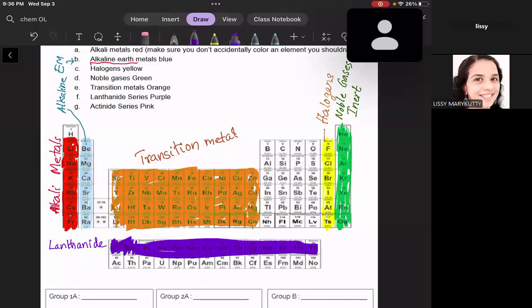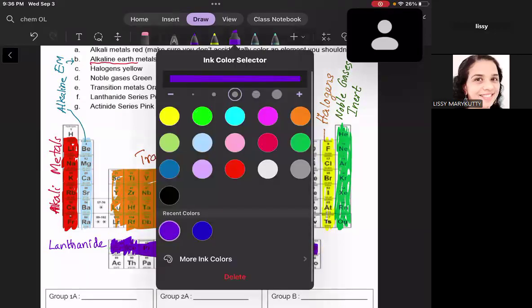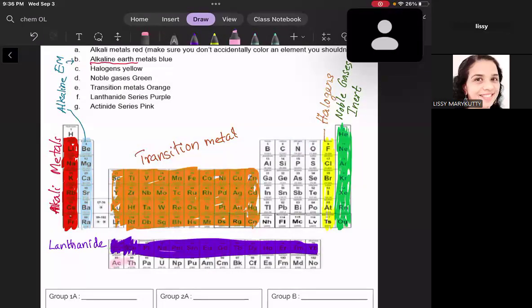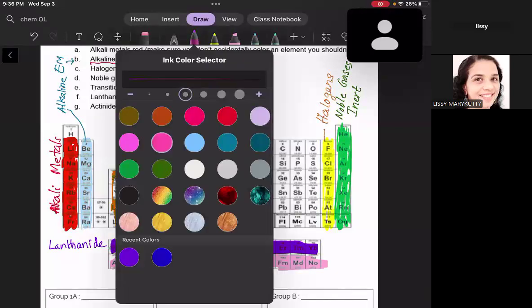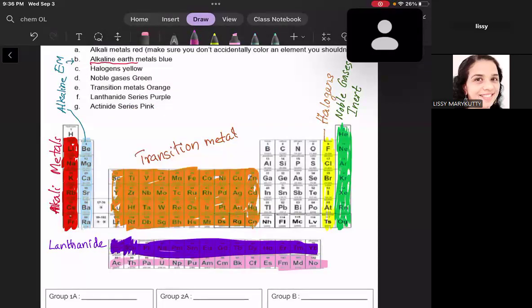Okay, the last one is pink color. We need pink color. Highlight everything on the last row. And write the name actinide.